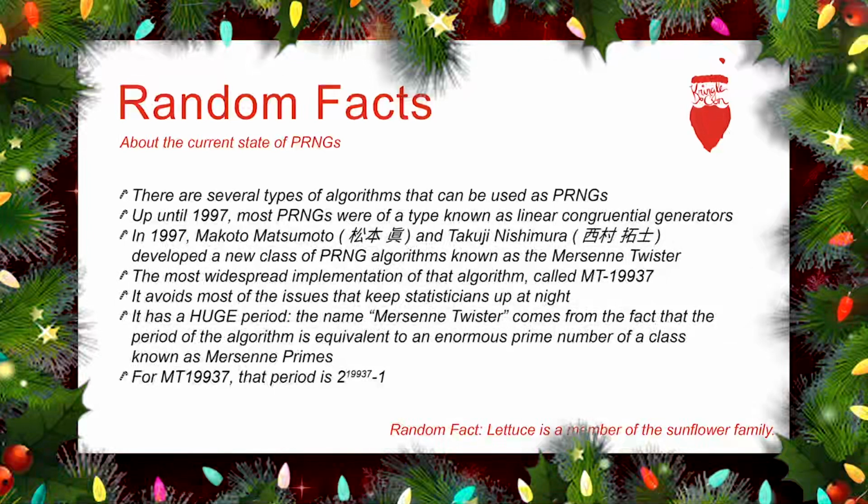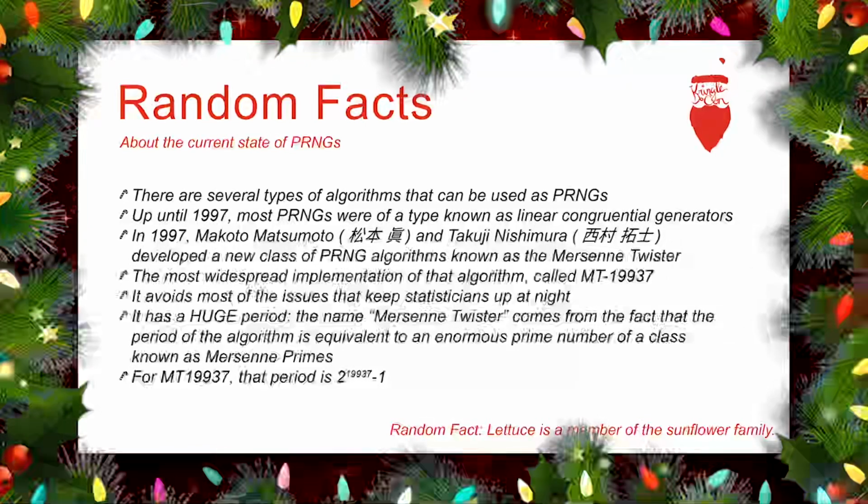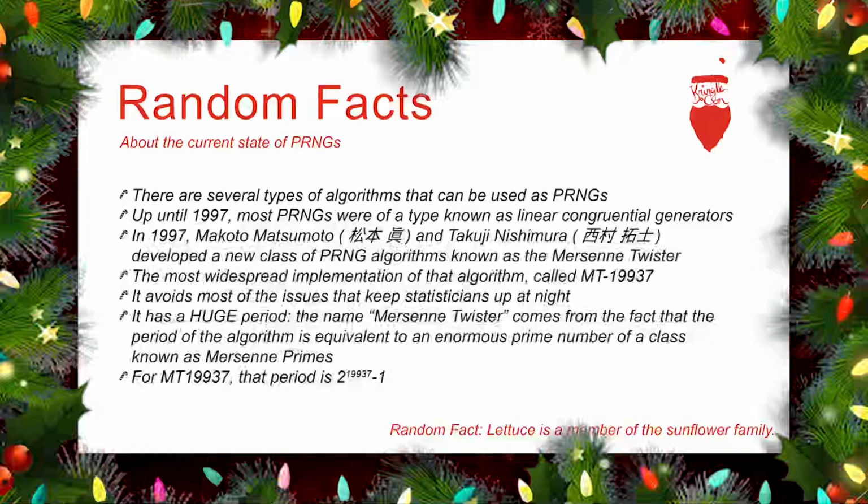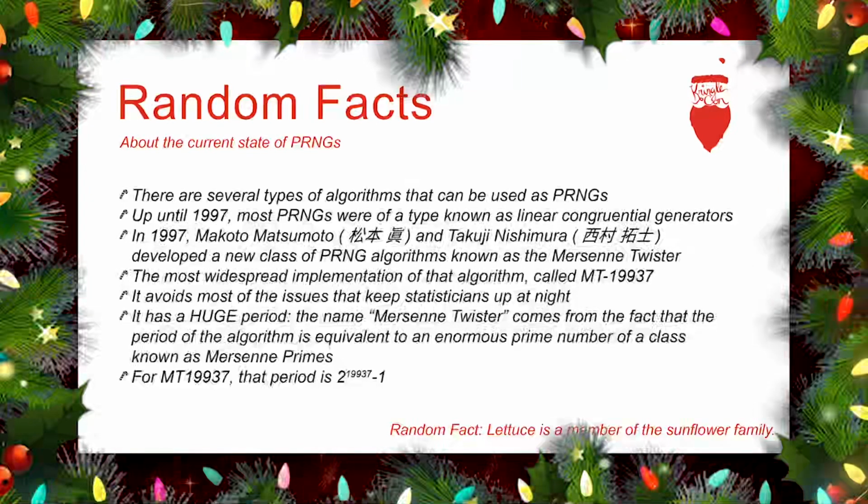Those were horribly bad from a statistical perspective. In fact, they were so bad that they really couldn't be used when you were doing some kind of heavy-duty research that required random numbers.